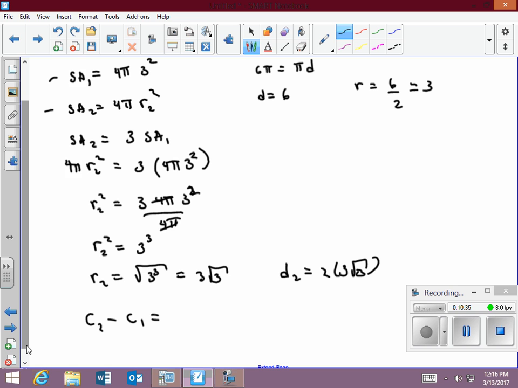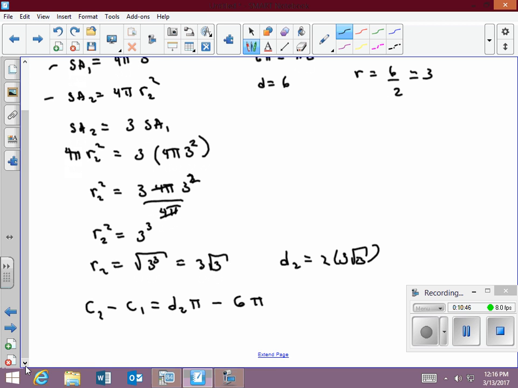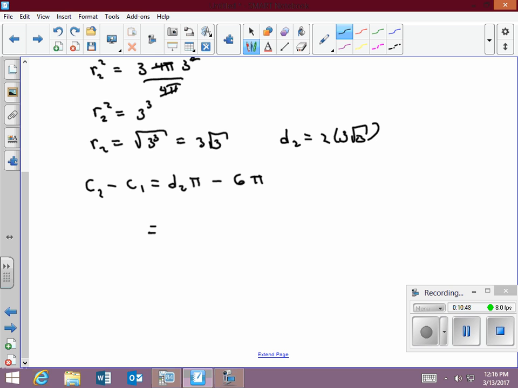So it's that diameter 2 times pi, and then circumference 1 is 6 pi, right? Now this is actually 6 square root of 3. So this is 6 square root of 3 pi minus 6 pi.